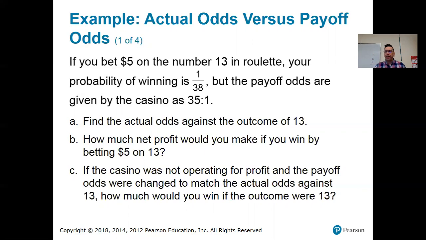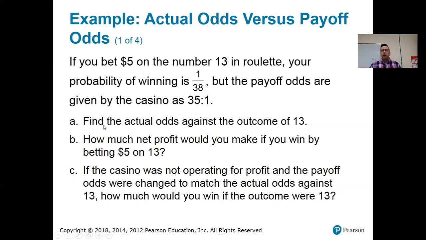So if you bet $5 on the number 13, your probability of winning is 1 over 38, because there are 38 different numbers. But your payoff odds are 35 to 1. So if you bet $1, you're actually going to get your original dollar back plus $35 more.